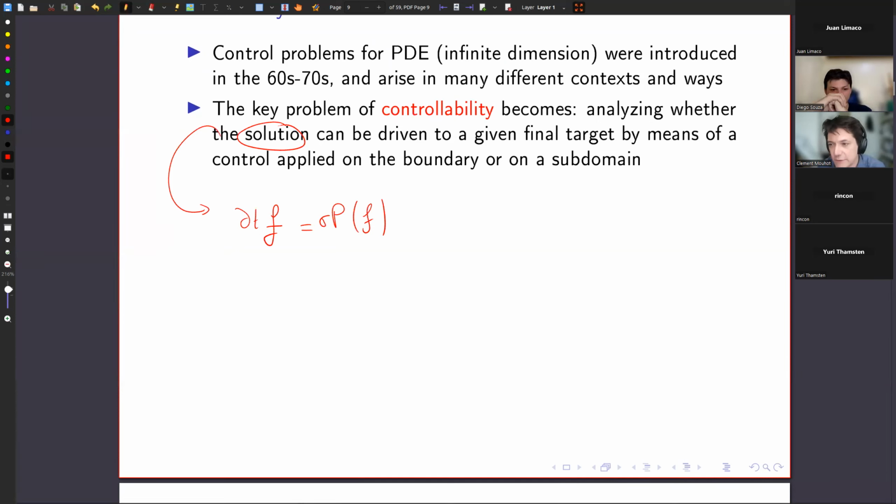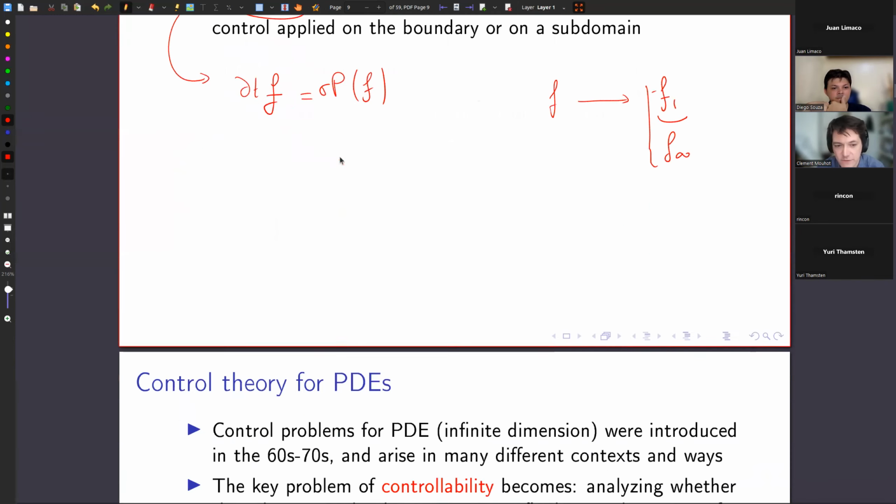There are different ways to tune the equation. And you want to know whether you can drive f to a final state. For instance, a given final state, or for instance, the equilibrium. Okay, and often you want to apply the control, or you want to restrict the active part of what drives the function to the final state, to a smaller part of the domain. That's what is interesting.